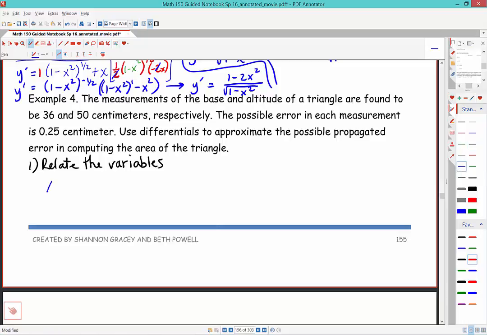So the area of a triangle is equal to the half times the base times the height. So now, let's check out what we know, let's identify what we know and what we need to find out.